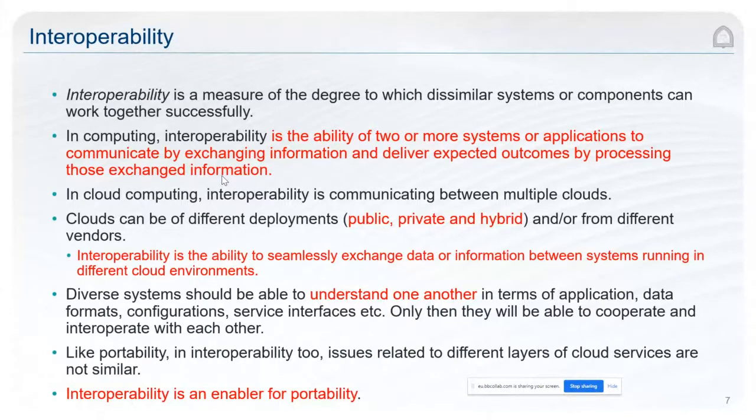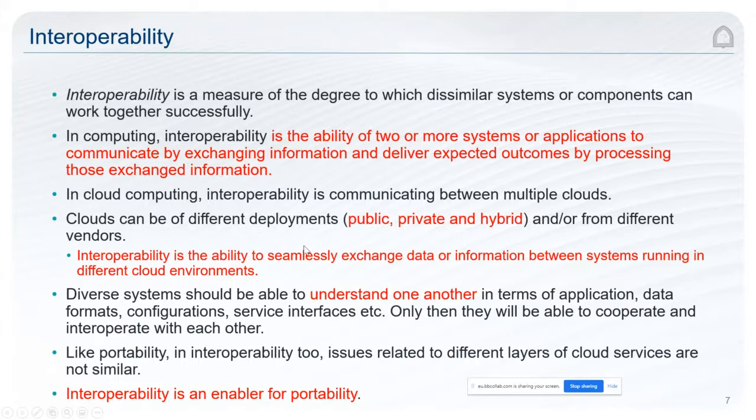For example, you as a group in the project, if you don't have interoperability, you will not be able to work together, because interoperability means you can exchange information between each other, and you have an outcome due to this exchange.